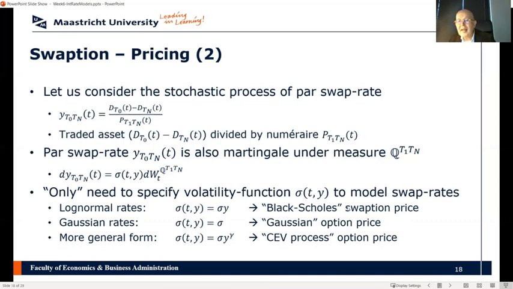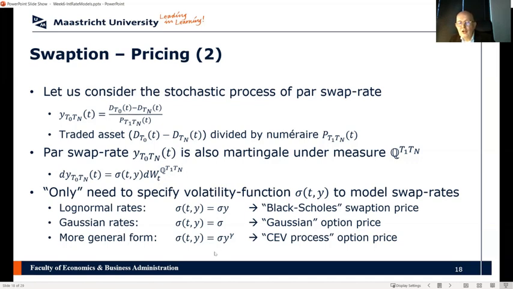And that means you get a Black and Scholes type of formula for the swaption prices. We can also use just a constant sigma or a deterministic sigma here. And then we have a Gaussian martingale, so a martingale process for the par swap rate with normal distributions. And then we get a Gaussian option price.